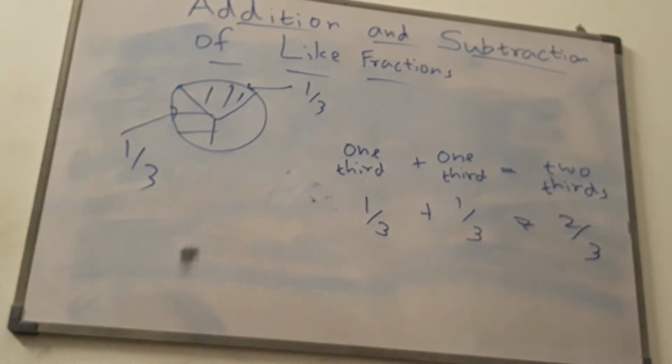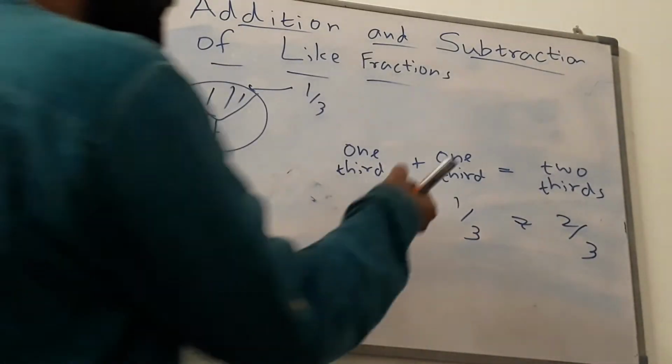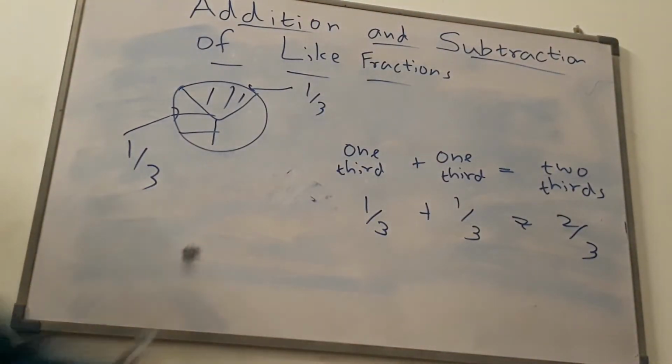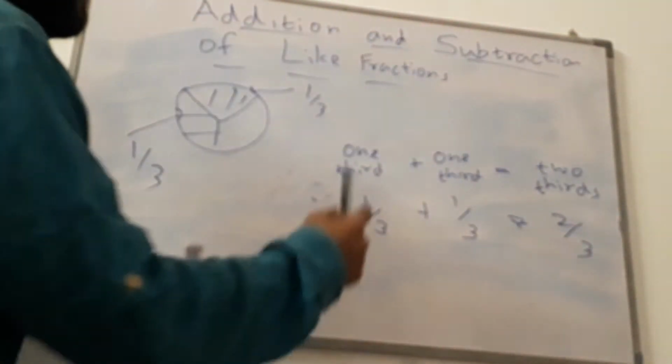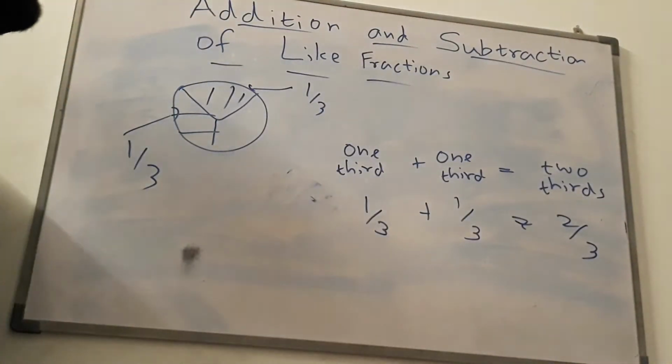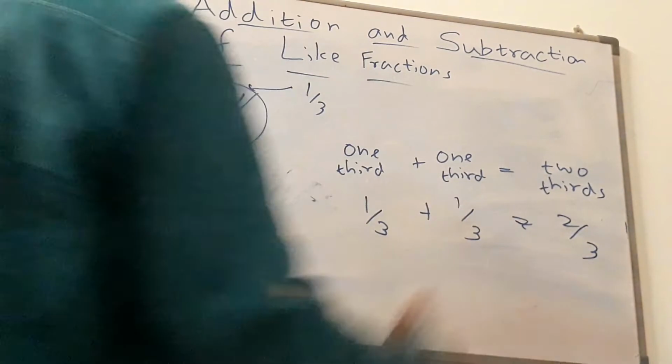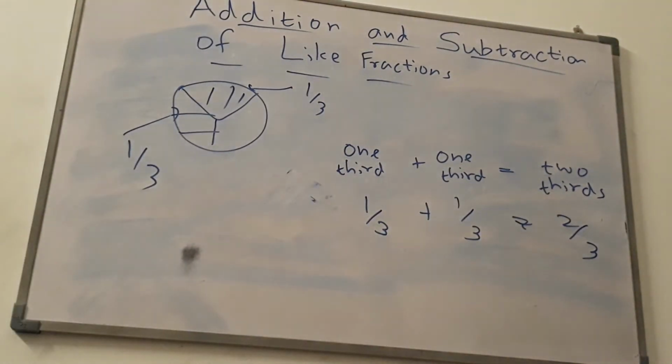That means it won't change when we add like fractions. The numerator changes: 1 plus 1 we get 2. When we add 1/3 and 1/3 it is 2/3, not 2/6. Keep in mind, we don't add denominators. We only add numerators, 1 and 1 to the 2. And 3 won't change. 3 will be the way it is.